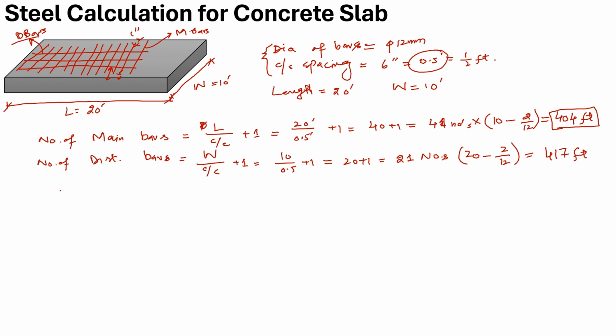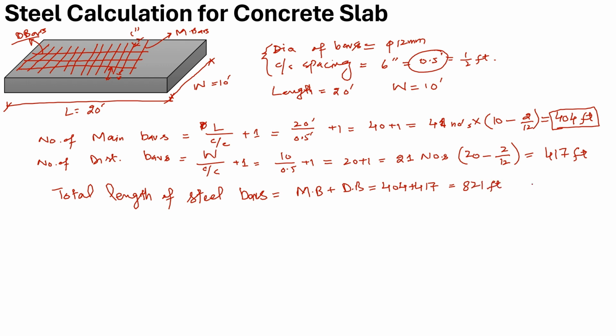So the total length of steel bars is equal to the length of main bars plus the length of distribution bars. So it is 404 plus 417. It will be equal to 821 feet. So we will convert it into meters.